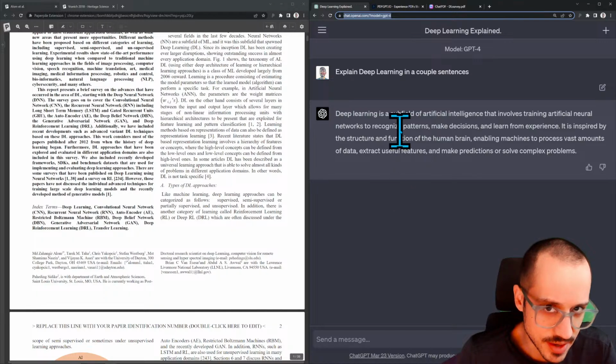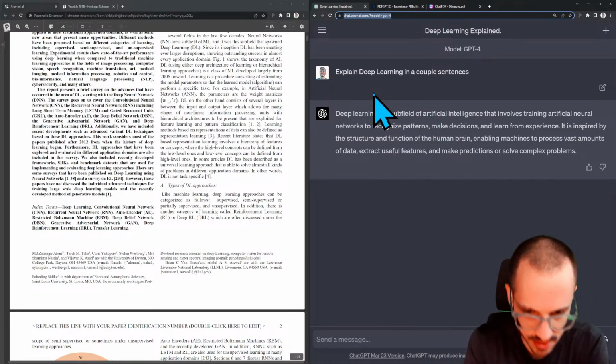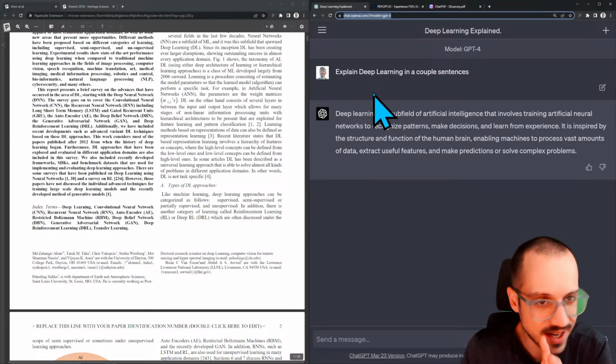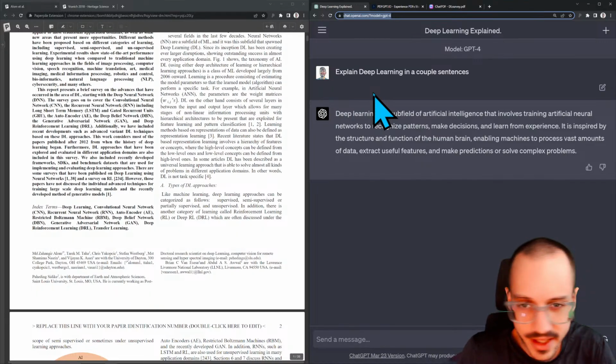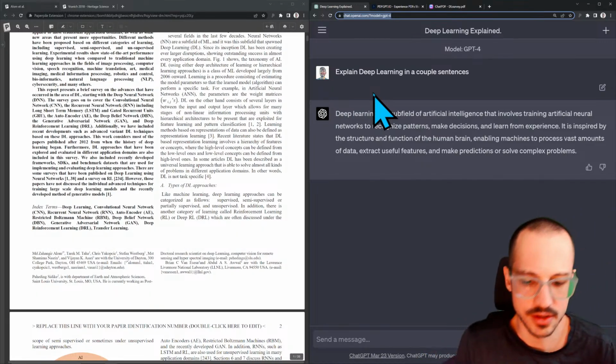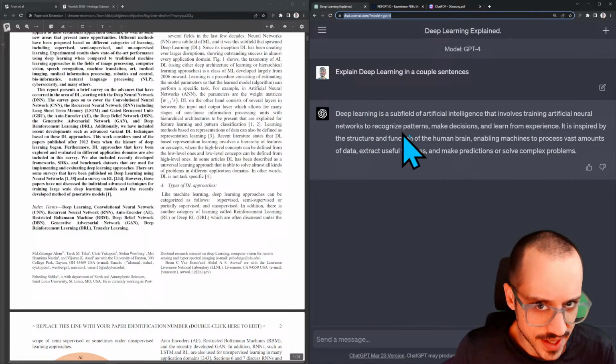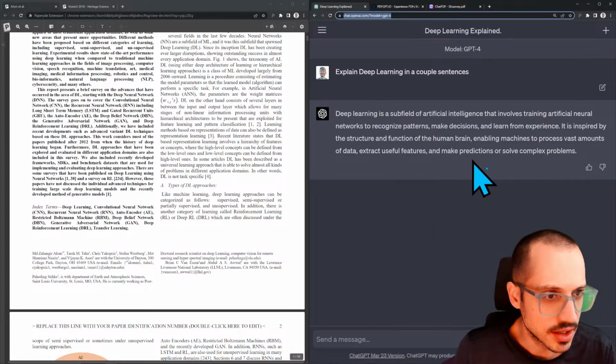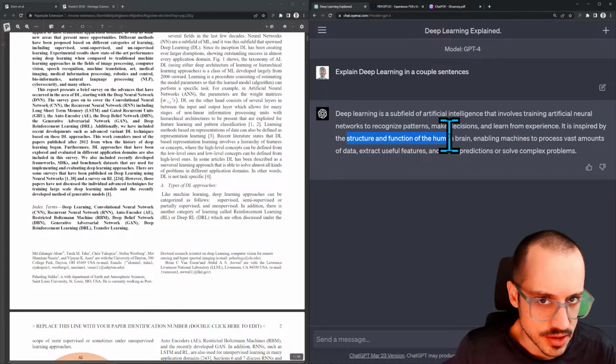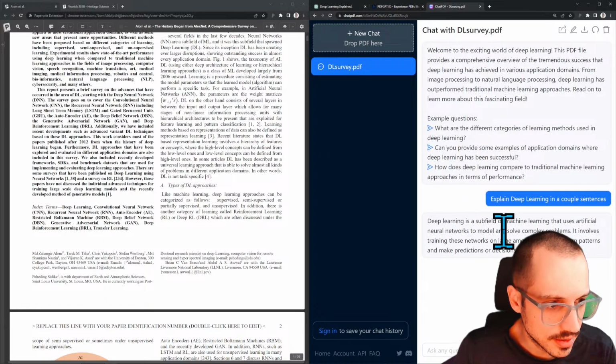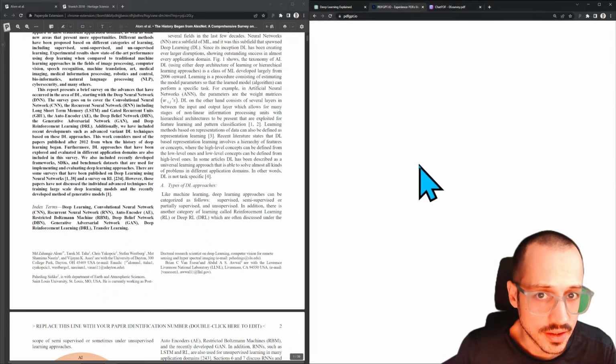It knows that if you use specific words, you're putting it into a specific area of its embedding space, and you might not even realize that you're doing that. So sometimes even just changing words around, or the fact that it uses some words and not other words, can tell you a lot. Inspired by the structure and function of the human brains. For example, inspired here, right? That's not a word that appears at all here. Let's see if it appears here.